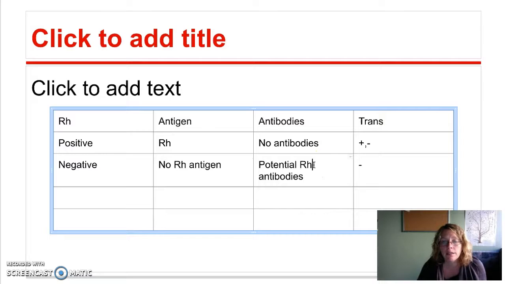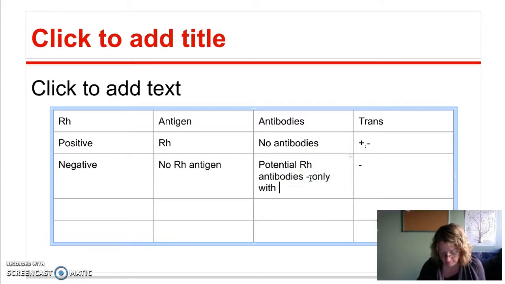But people that are Rh negative don't automatically make Rh antibodies, only with exposure. So transfusions can only come from Rh negative people, or the body will start making those antibodies.